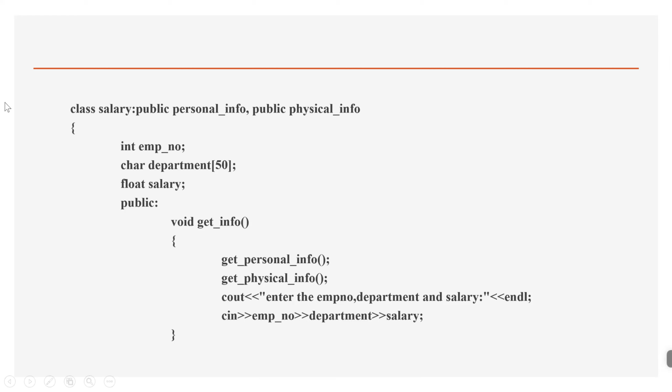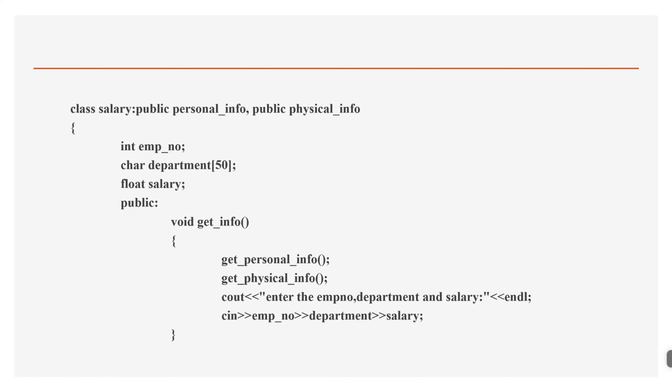So in this case, if any object is created of the class salary, then that object will have name, address, gender from personal info, height, weight, blood group from physical info, and employee number, department, and salary, its own data elements.